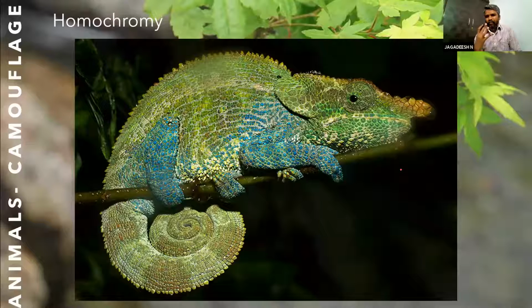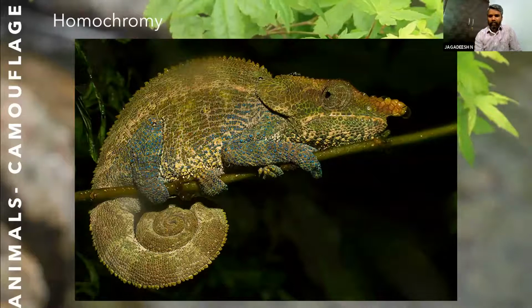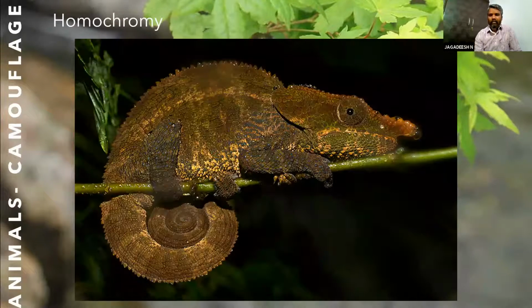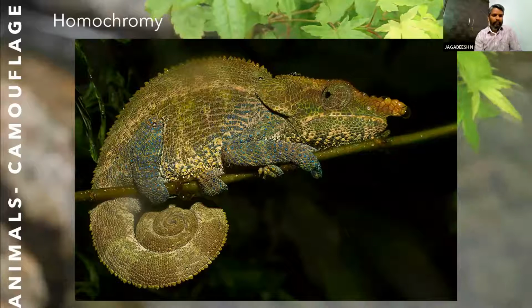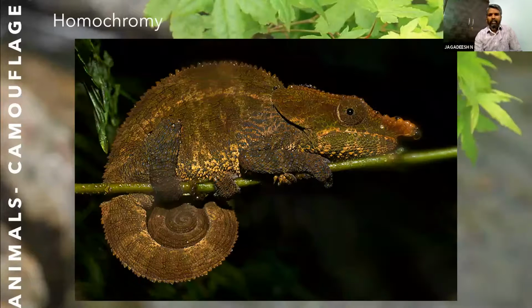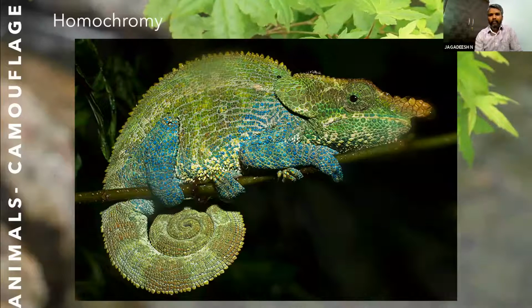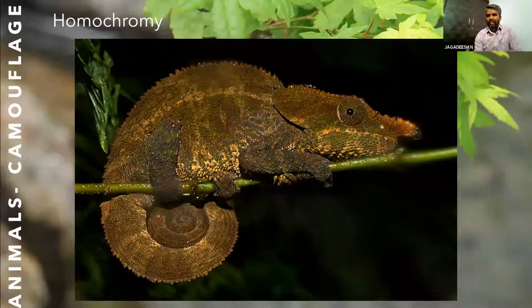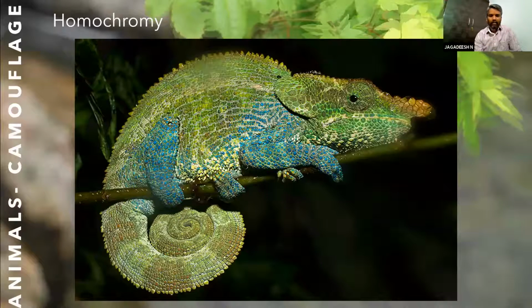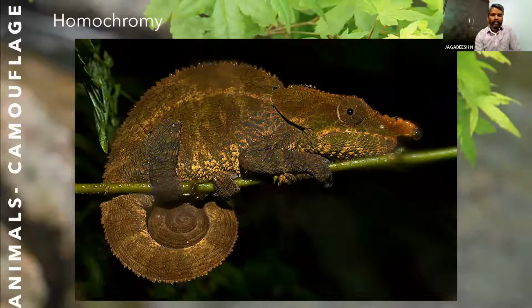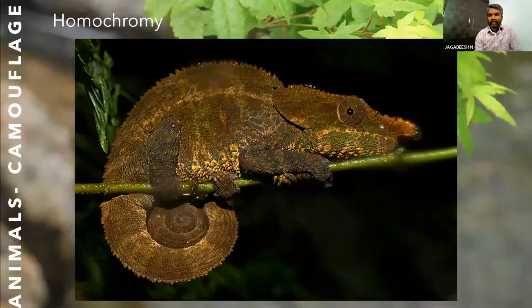So the classical example for camouflaging is chameleons. So these animals change their body color exactly to the backdrop or the background by automatic rearrangement of the pigment granules present in their skins.